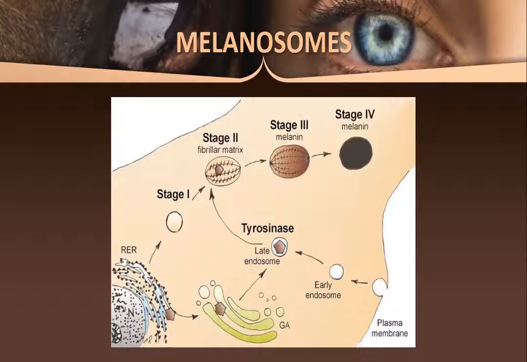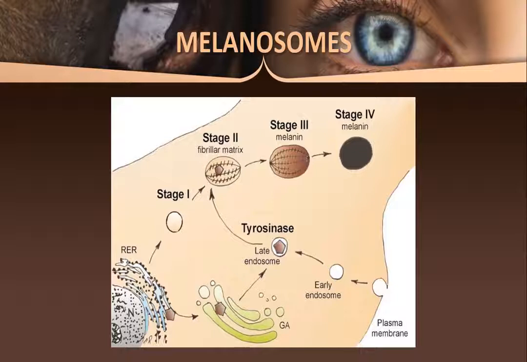Stage 3 and stage 4 contain the dark brown melanin pigment, and the last stage, stage 4, is when the whole cell is accumulated with mature melanin. This is the maturation of melanosomes.